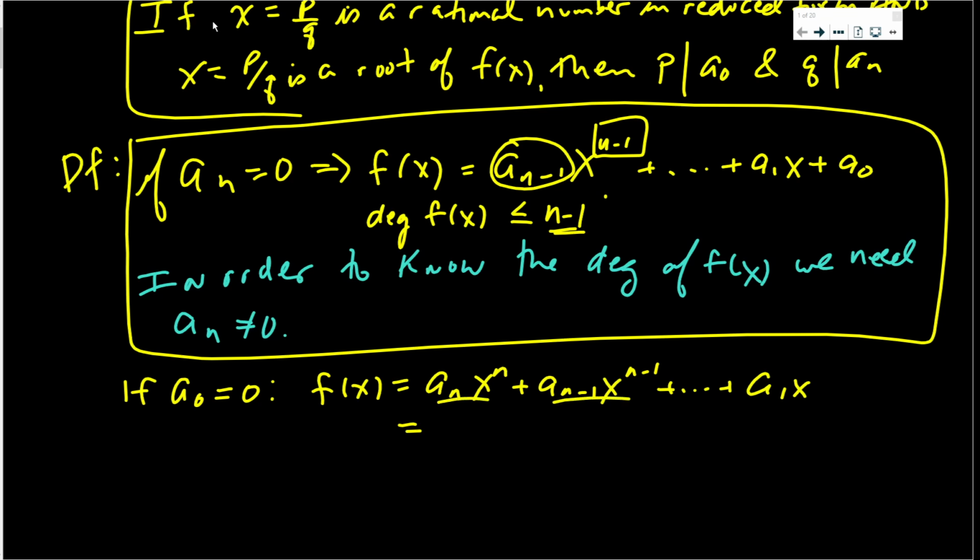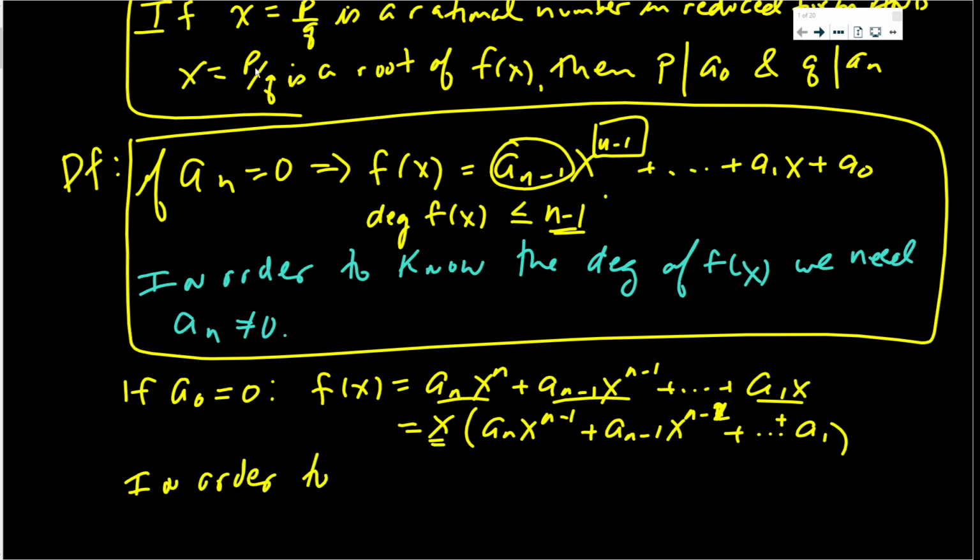Each of these terms has a factor of x, so we can factor out an x, leaving powers down to n minus 2, all the way down to a1. Again, we just want to have a polynomial f of x where we can't factor out an x. We just want a nice, simple polynomial.